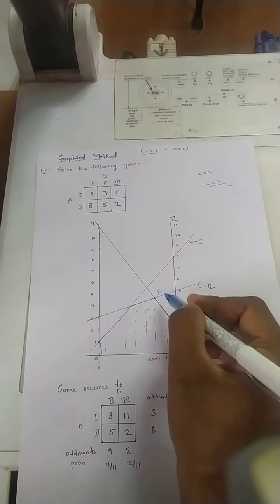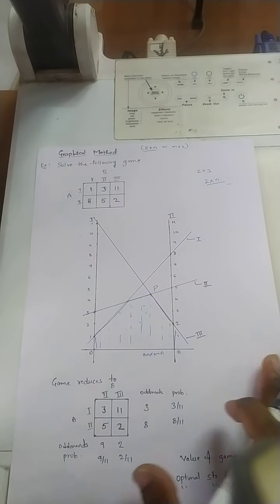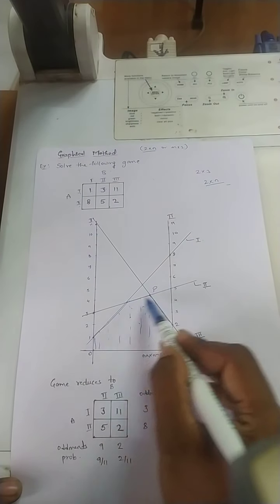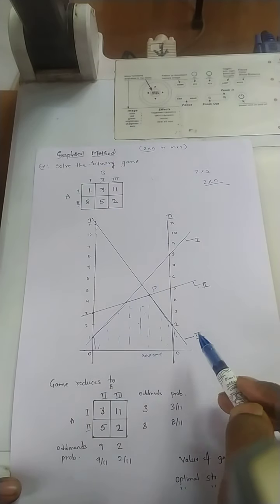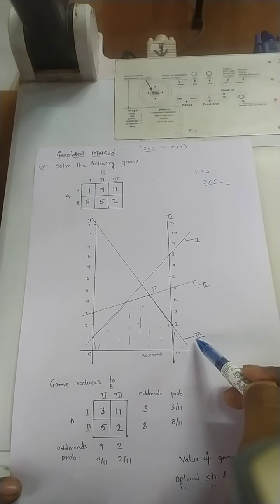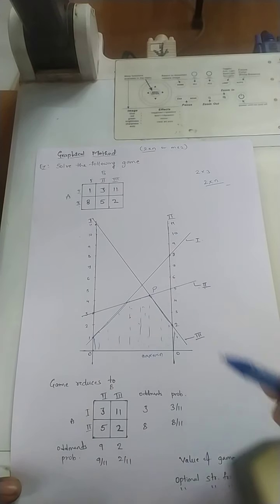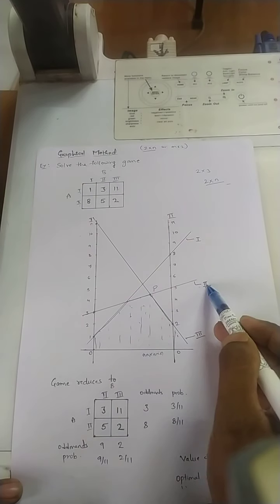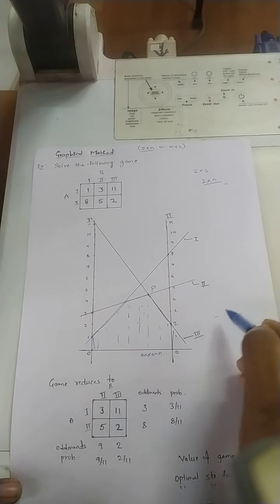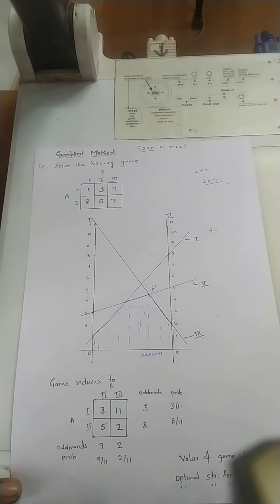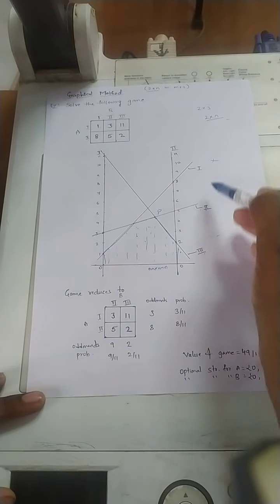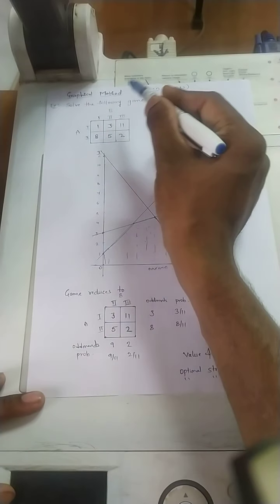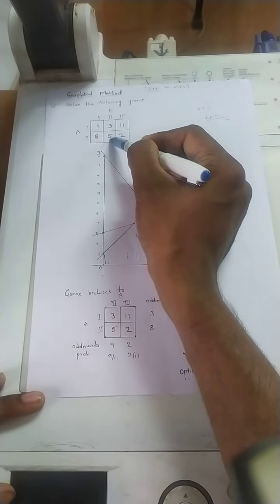After finding this P, check how many lines are passing through it. In this case 2 lines are passing through point P, the second and third lines. The lines that are passing through P should be retained in our next step. So the second and third strategies of B are retained and the first is eliminated. Therefore the matrix reduces to 3, 11 and 5, 2.